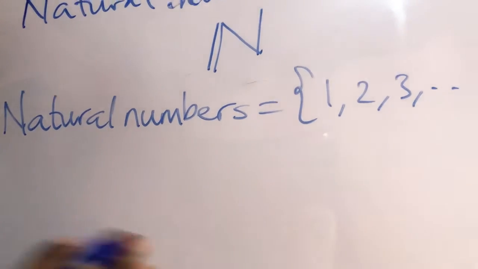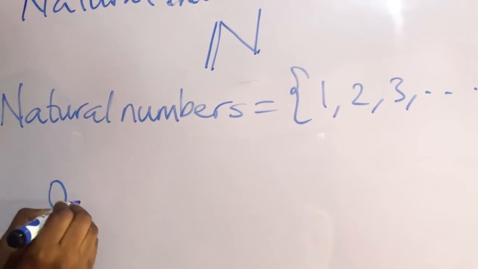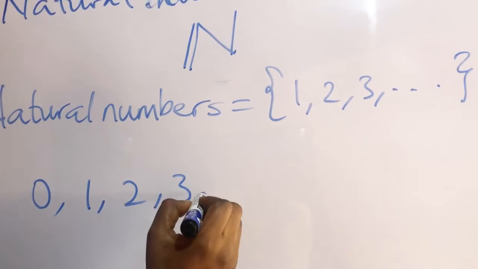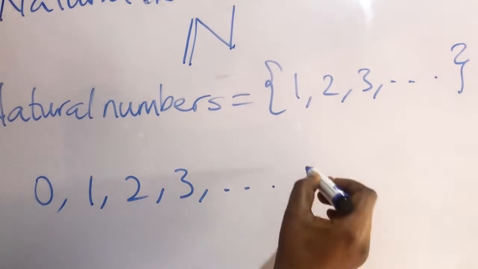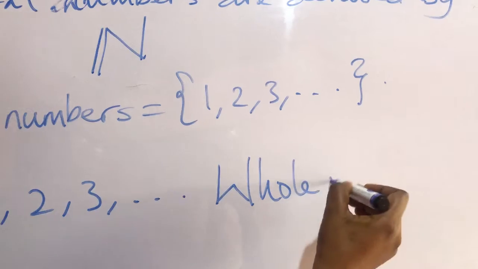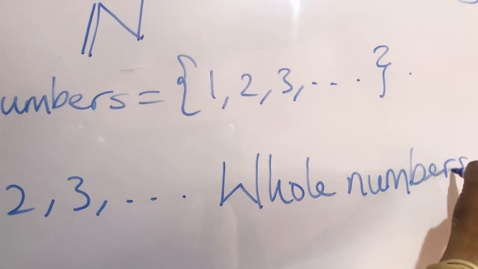Now, if you include 0 to it, so you start from 0, 1, 2, 3 and so on, this makes whole numbers.